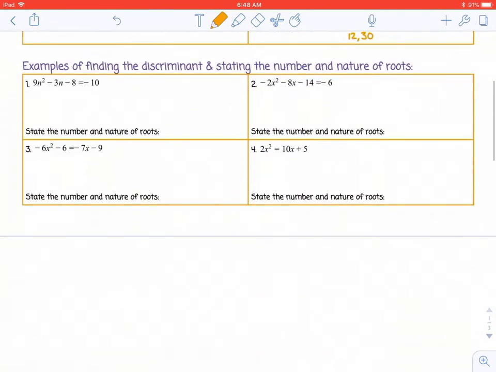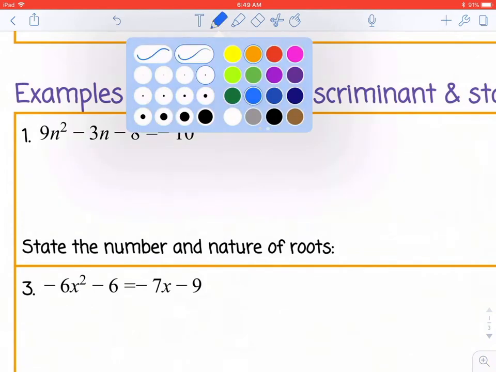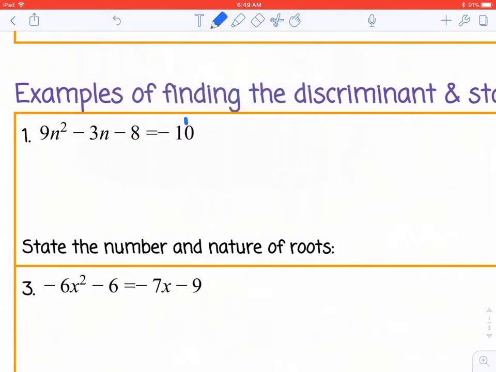So let's do a few examples. Example 1, we have 9n squared minus 3n minus 8 equals negative 10. We first need to move the negative 10 to the other side so we have everything on one side in standard form. So if I add the 10 to move it to the other side, I end up with 2.